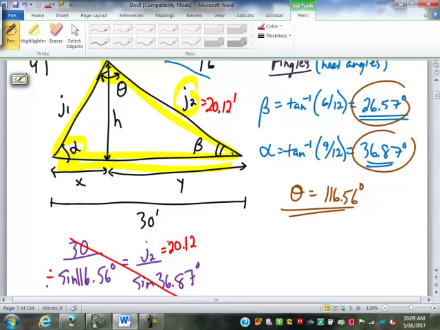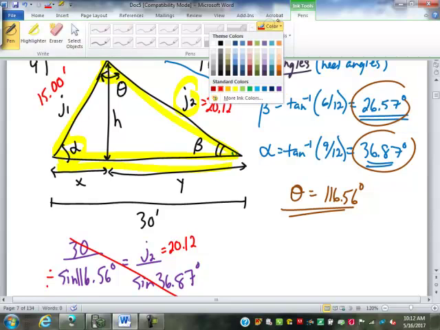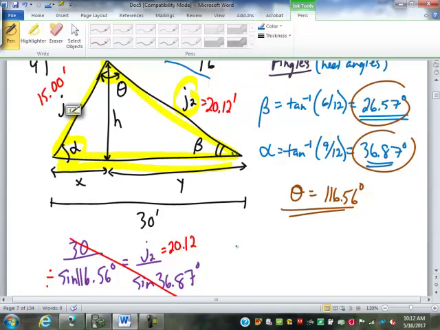How about J1? I'll let you guys find that on your own. I'll give you a couple minutes. What is it? 15 exactly? 15.40? Well, let's see whether it's the 15.00 or the 14.8.